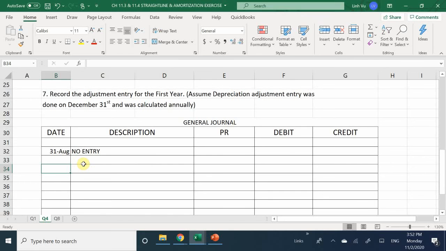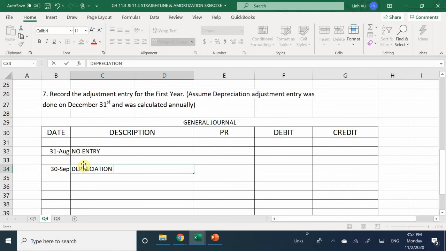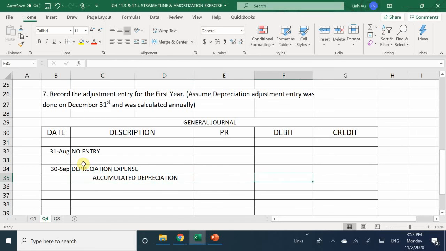I'm going to say September 30th, depreciation expense. And then below that, you'll have the accumulated depreciation, for $27.80. Good.